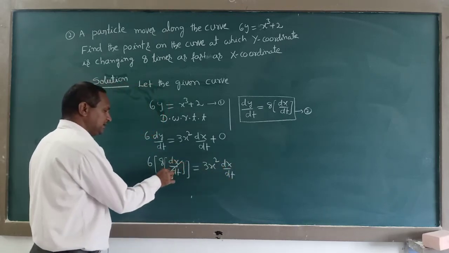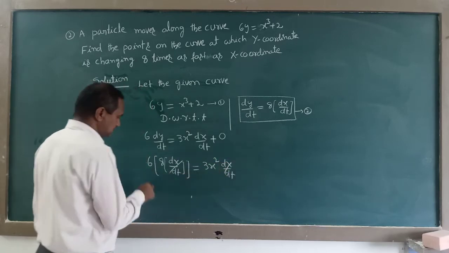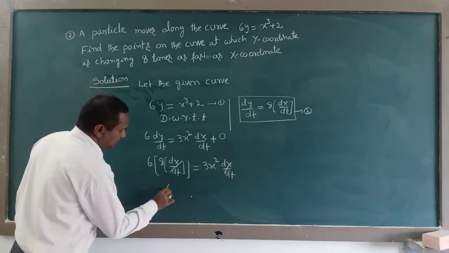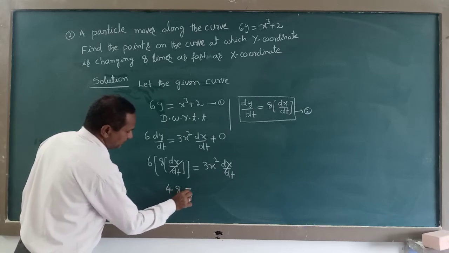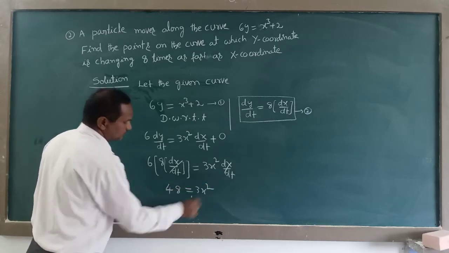Now dx by dt gets cancelled. 6 8s are 48. 48 is equal to 3x square.